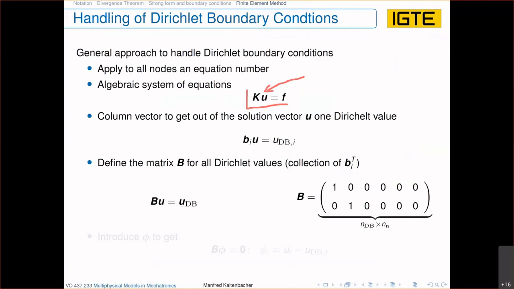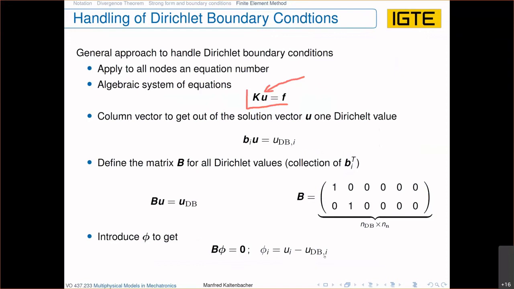Now, in a next step, we introduce a vector phi, and when we multiply the matrix B we just set up with this vector phi, we should get 0, which means phi should include these values u_i minus u Dirichlet boundary at node i.